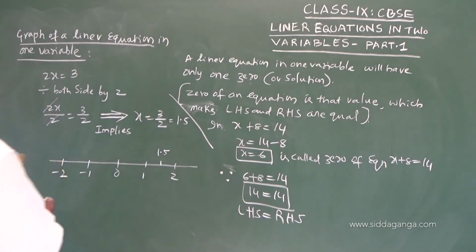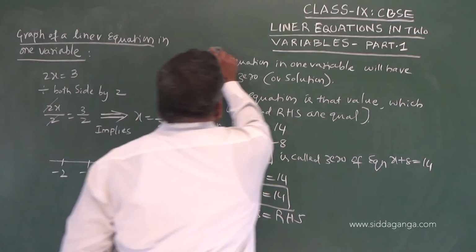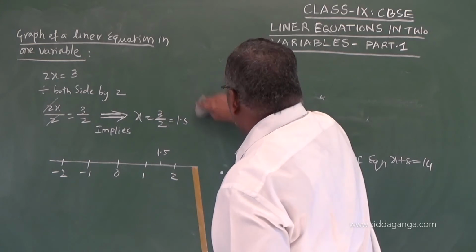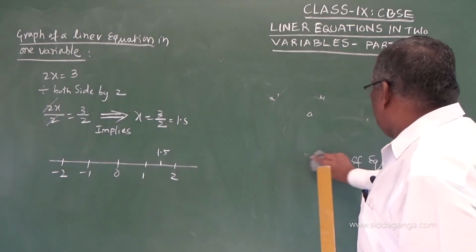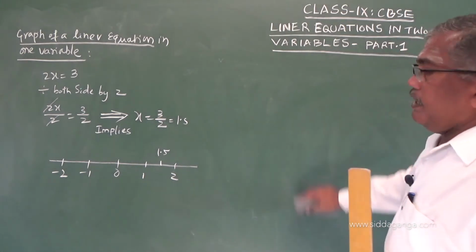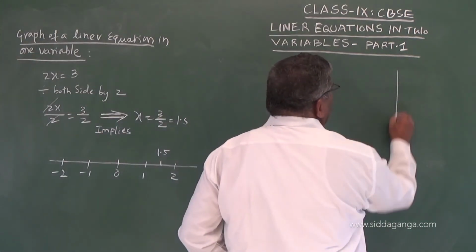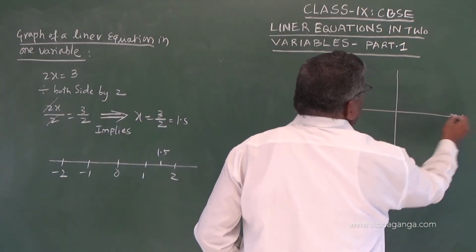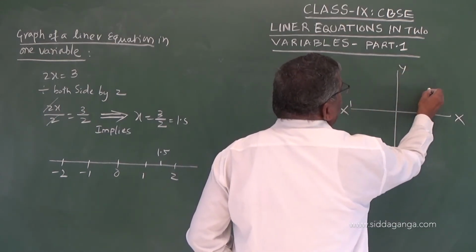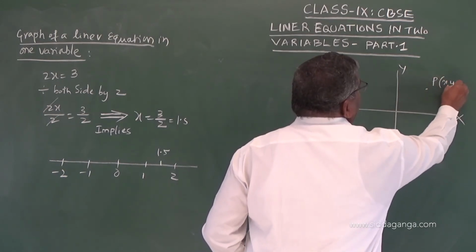Suppose if I will take up another example. So remember, always the x values are taken along the x axis and y values are taken along the y axis. So we have studied in coordinate geometry. Suppose if this is the Cartesian plane, this is x dash, y dash, and this is the point P, let us say P(x, y).